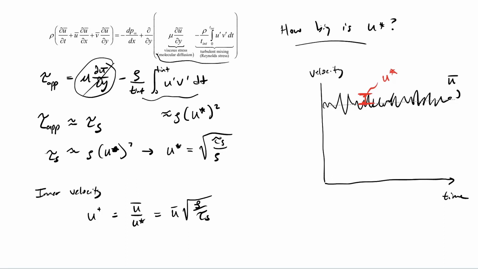So this is our estimate for the size of U star, and the inner velocity is a function of the size of that. Again, we don't yet know the shear stress, but we can get to that. So that's how big is U star.